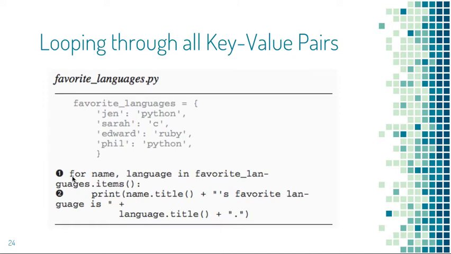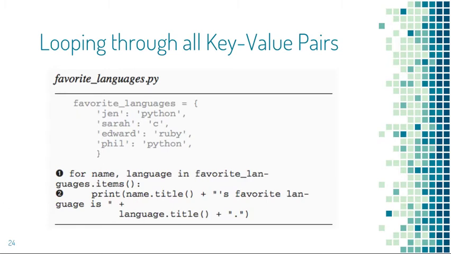The code at 1 tells Python to loop through each key-value pair in the dictionary. As it works through each pair, the key is stored in the variable name, and the value is stored in the variable language.